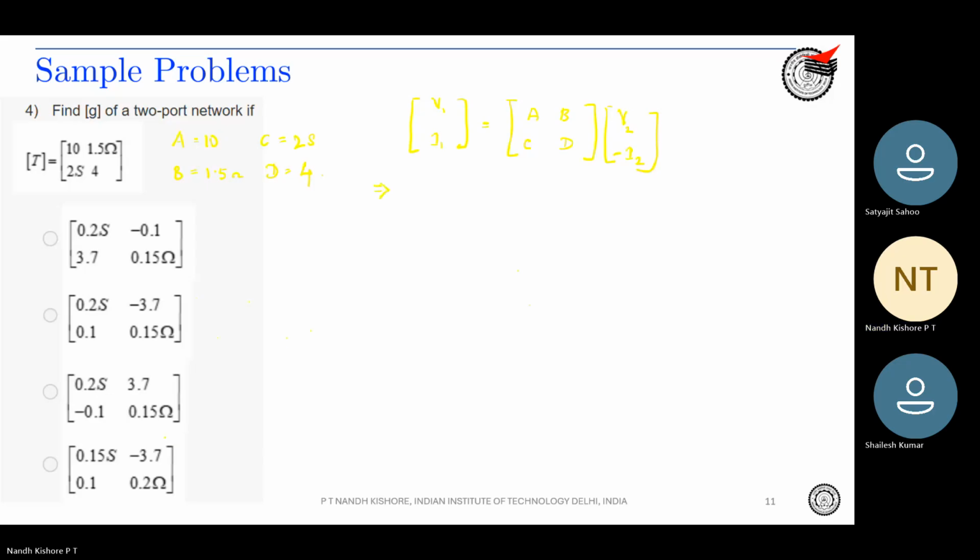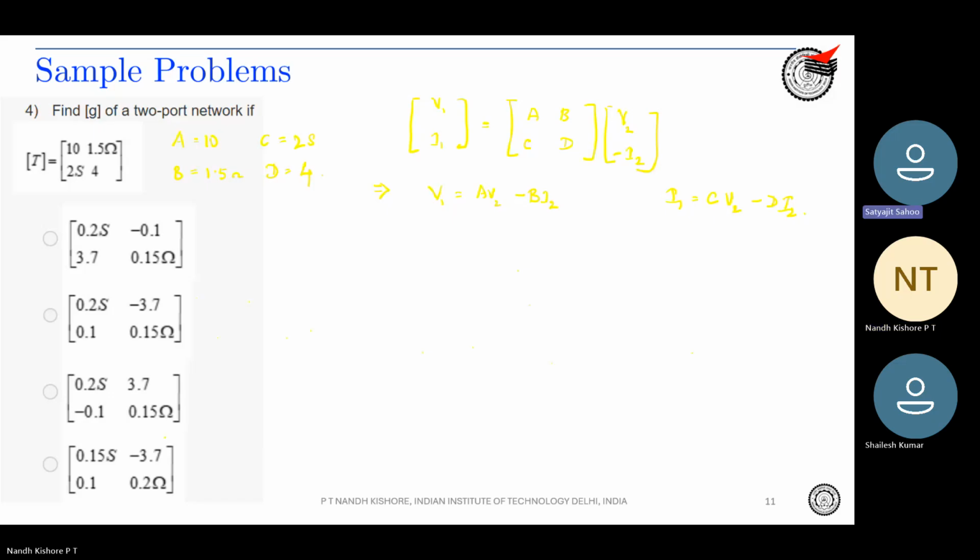So from this you directly get V1 is equal to AV2 minus BI2, and you also have I1 is equal to CV2 minus DI2, correct? Okay, so this is on one side.